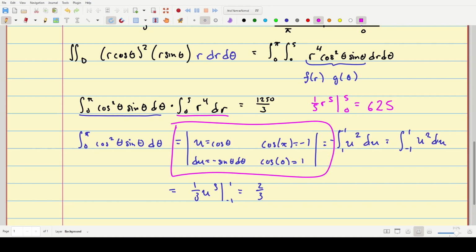So on screen here, I've indicated the substitution that we have done for the u substitution that we used to solve the integral. Now, you weren't told this in Calculus 1 or Calculus 2, probably, but the truth is substitution is a change in coordinate system.